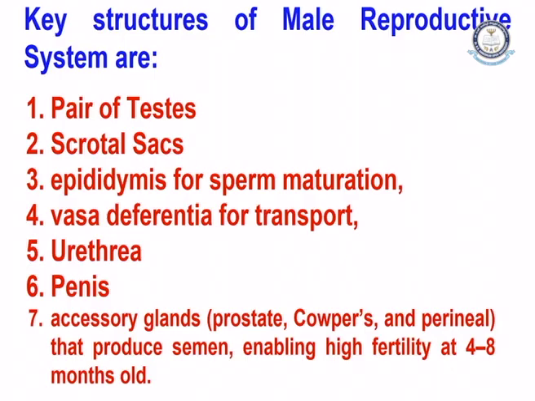The testis produces the sperms, and from there they move to the epididymis, which helps the sperms to mature. Then from the epididymis there is another structure called the vas deferens, which is meant for transport of the sperms to the urethra and finally to the penis.